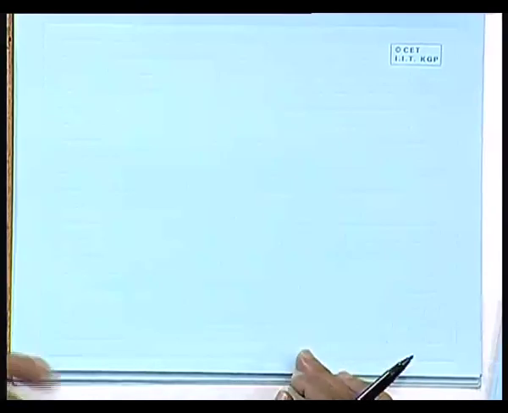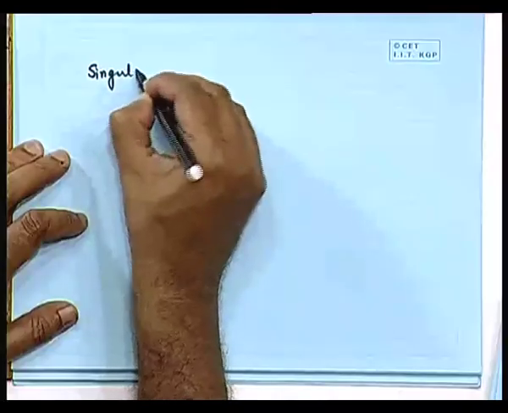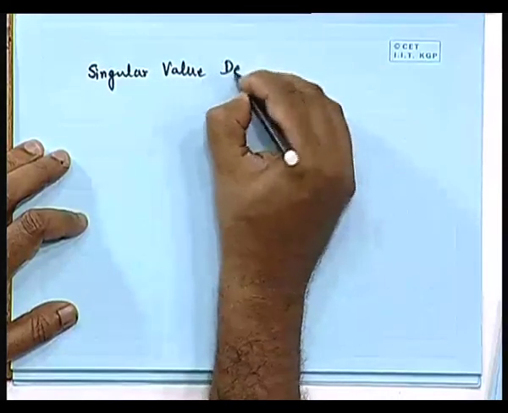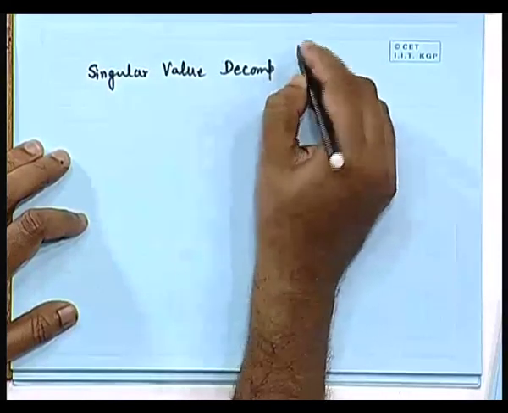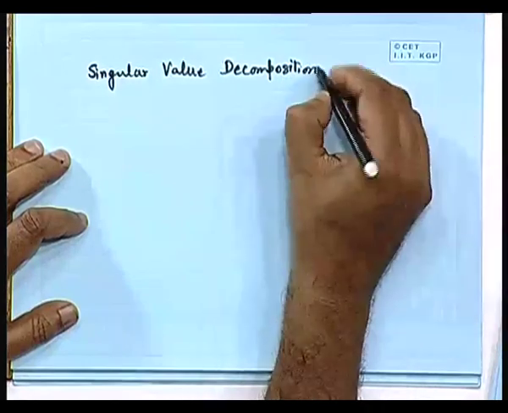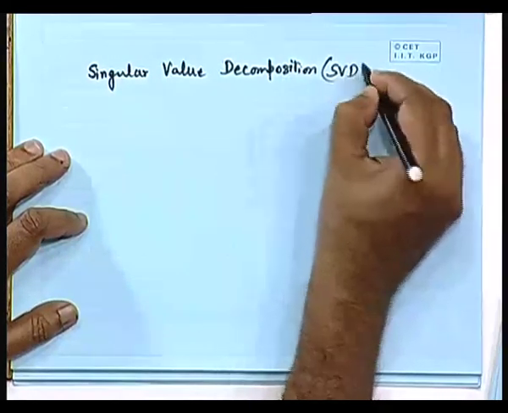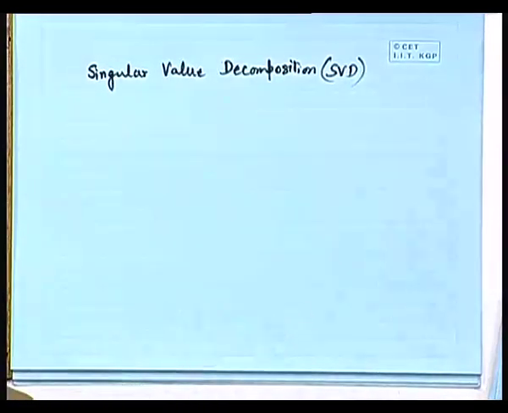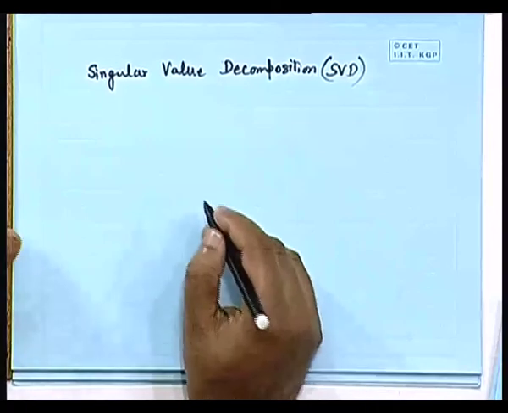One very popular technique is the method of singular value decomposition. Those with a good background in matrix algebra may already know it, but for the benefit of all, let me give you some idea about it.